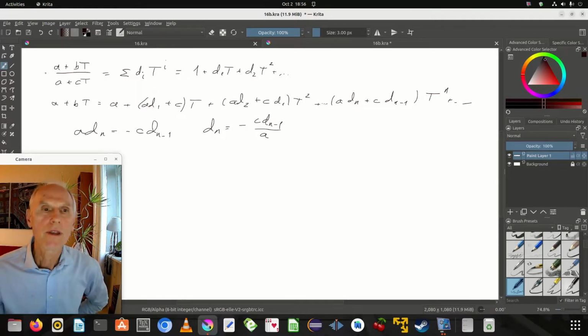The point being that we continue to divide by a, and that means that any prime in a will, in a finite step, cancel with the prime power in c, and eventually also take out the prime power of d1.